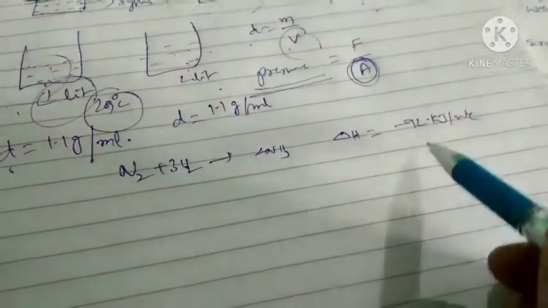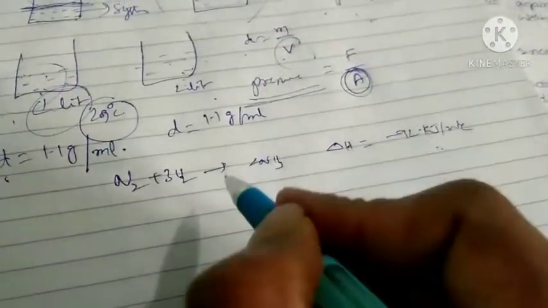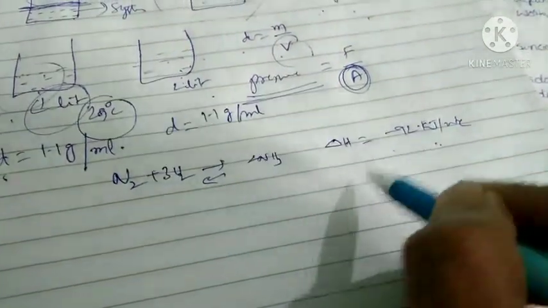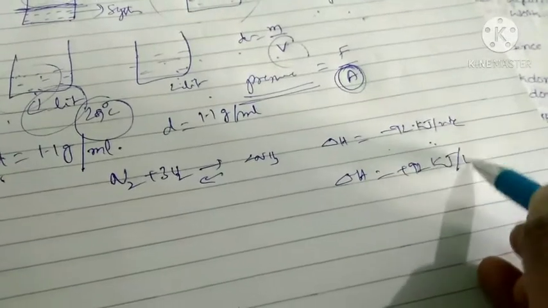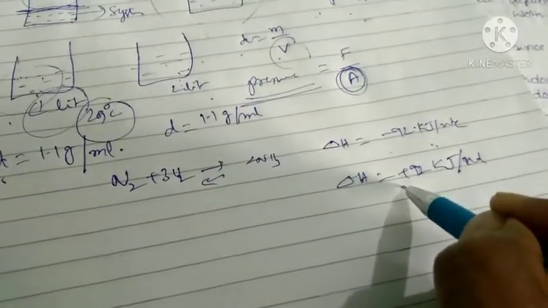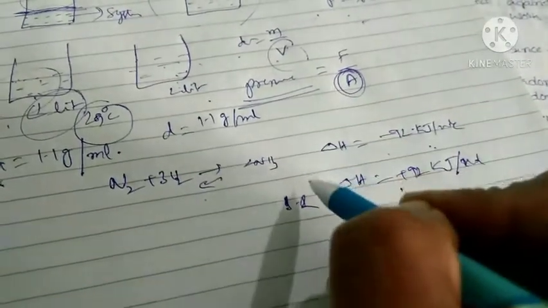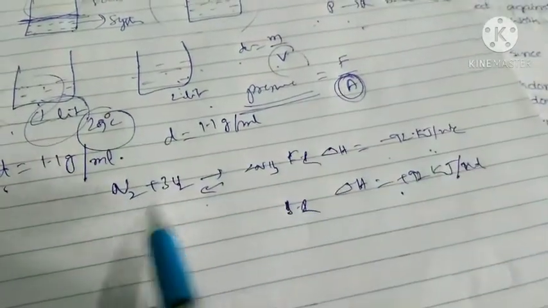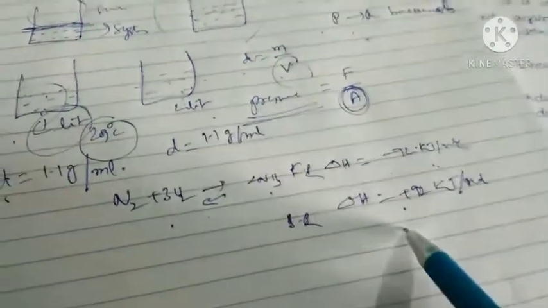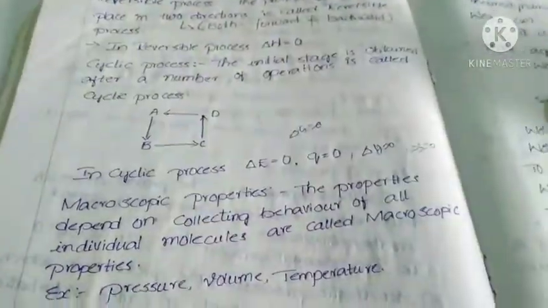When this reaction takes place, this much energy is released. When the backward reaction takes place, this much amount of heat is absorbed. That means plus 92. This is the heat for the backward reaction, and this is the heat for the forward reaction. Reversible means forward plus backward, that means minus 92 plus 92, that means how much? Delta H is equal to 0. So in every reversible reaction, delta H will be 0. That is a very important point.